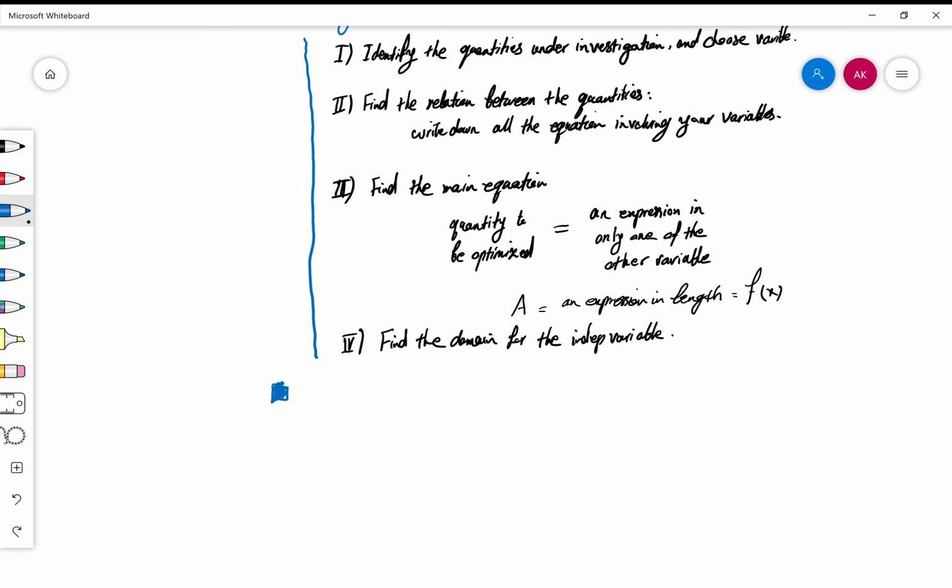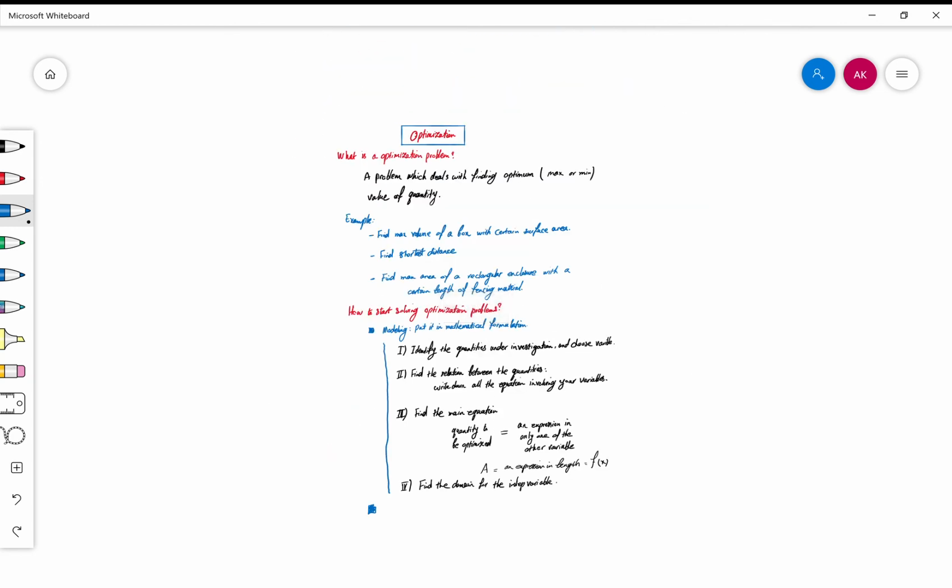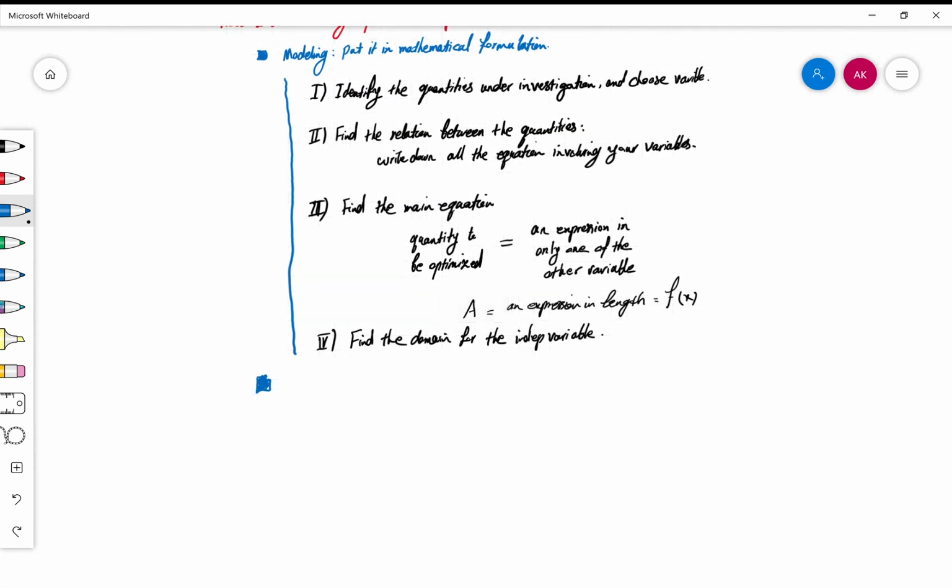The next step would be completely mathematical: find the absolute extrema of the function on the given domain.